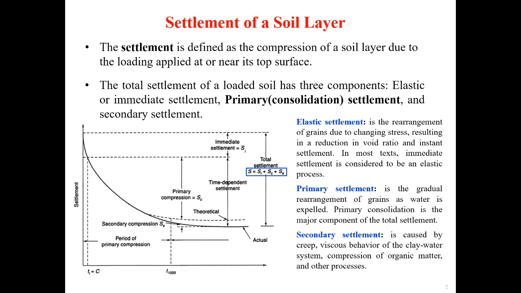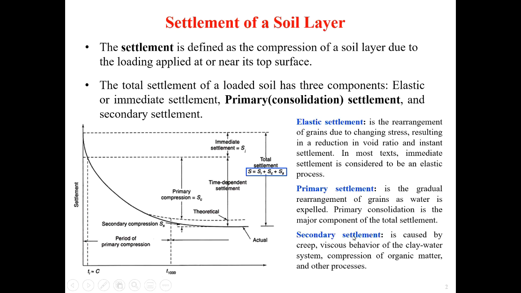This is the primary cause of settlement for fine-grained soils like clays or some finer silts. This primary settlement is our main interest, and it will be the target of our calculation.